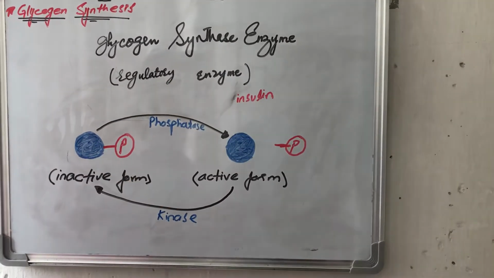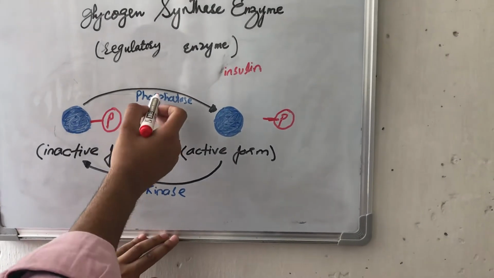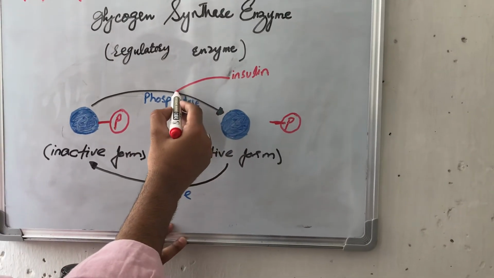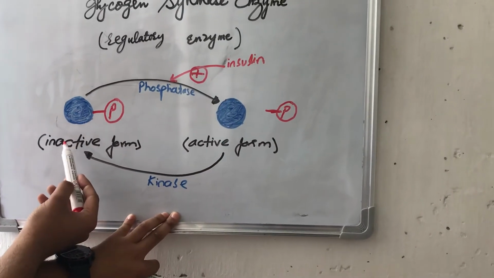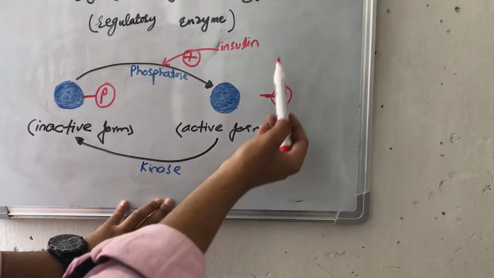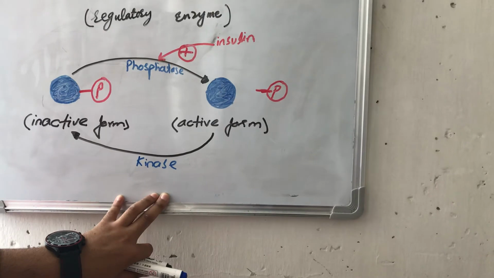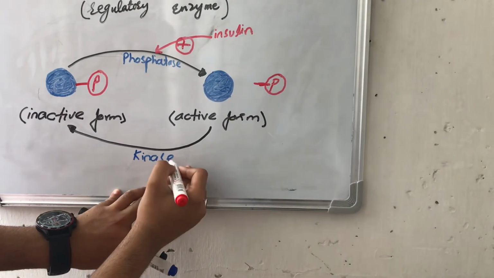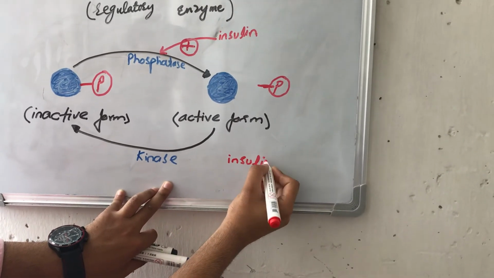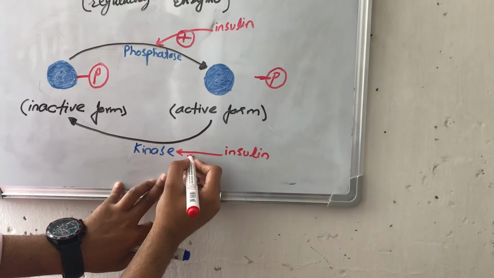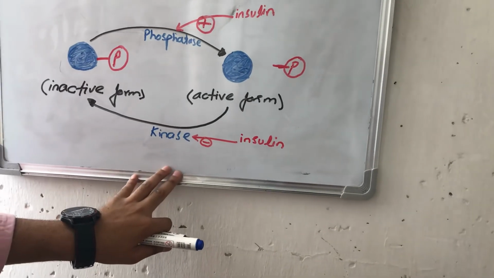Insulin helps in the activation of the phosphatase enzyme, activating this pathway. So the inactive form converts into the active form, and more glucose converts into glycogen. In this way the blood glucose level decreases, and insulin also inhibits the kinase enzyme, so it will not convert the active form to the inactive form. This is the work of insulin.